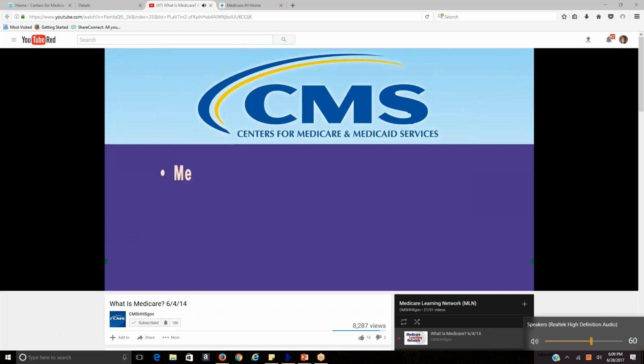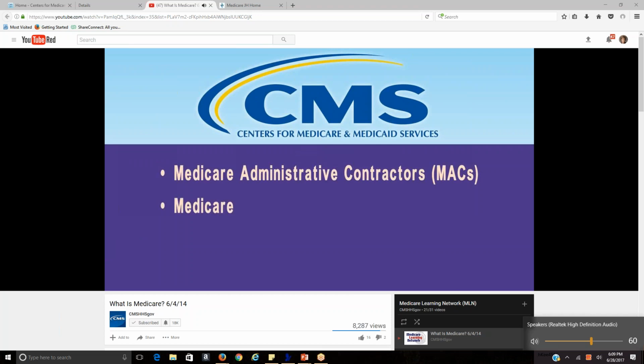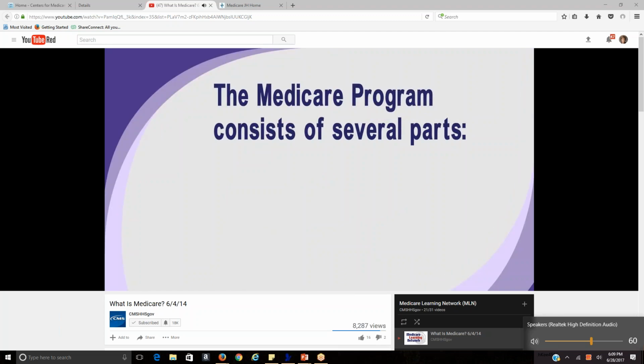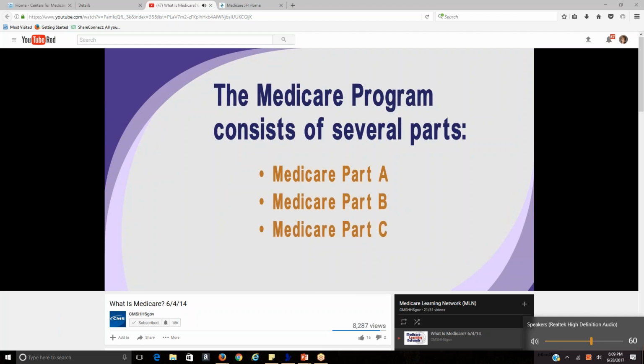This includes Medicare Administrative Contractors, or MACs, which process claims for Medicare Parts A and B, Medicare Advantage plans, which offer additional coverage beyond Parts A and B, and private drug plans that cover some drugs that Parts A and B do not. The Medicare program consists of several parts: Medicare Part A, Medicare Part B, Medicare Part C, and Medicare Part D. Let's take a look at what each of these parts covers.